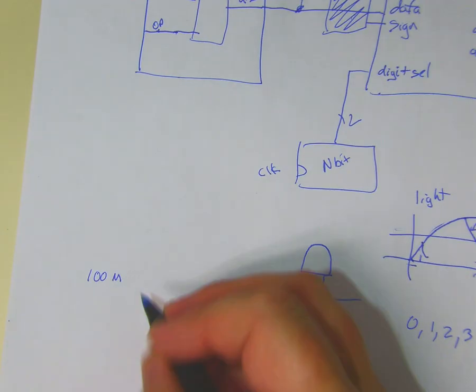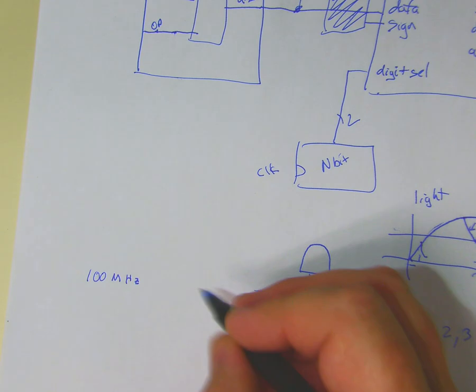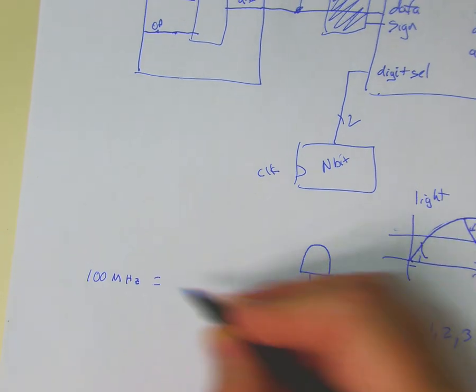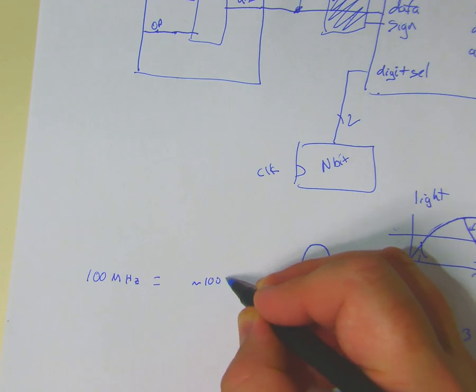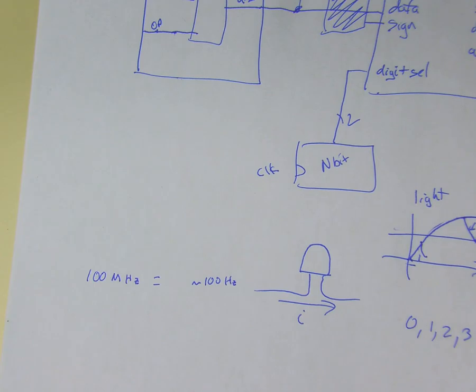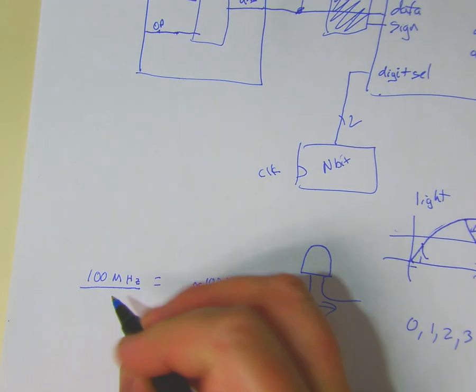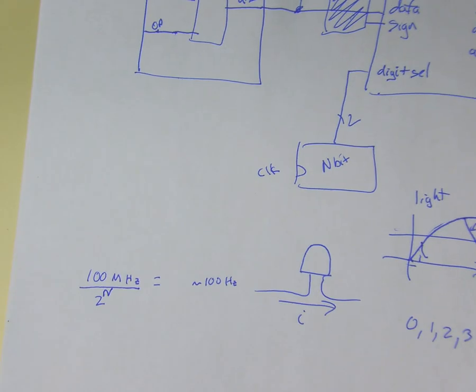I want my 100 megahertz, and I want to be somewhere around either 100 hertz or 50 hertz, somewhere in that ballpark range. So I have to divide this by my 2 to the n that you set.